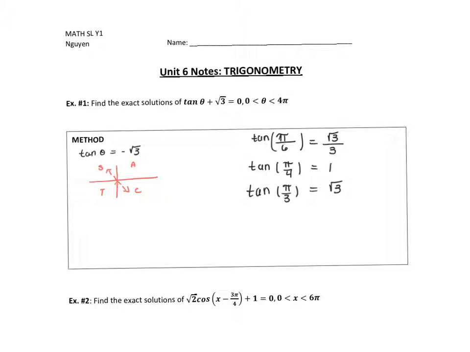Because pi over 3 is just positive radical 3. So you need a 2 pi over 3, because this is specifically in quadrant 2. And in quadrant 2, that's where you have those negative tangent values. What's the angle in quadrant 4 that has negative tangent values? Yeah, 5 pi over 3.